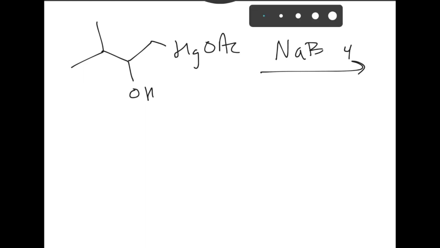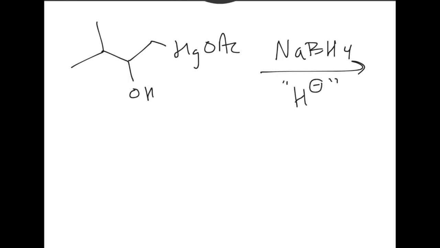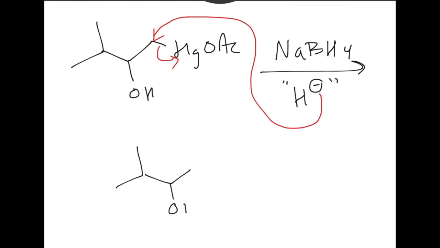For right now, all you need to know is that sodium borohydride is a source of H minus. I'm not going to worry about the structure of sodium borohydride. I'm just going to say it gives us H minus, and that H minus knocks the mercury off of the molecule, to give us our alcohol minus the big poisonous ball of mercury on the end.